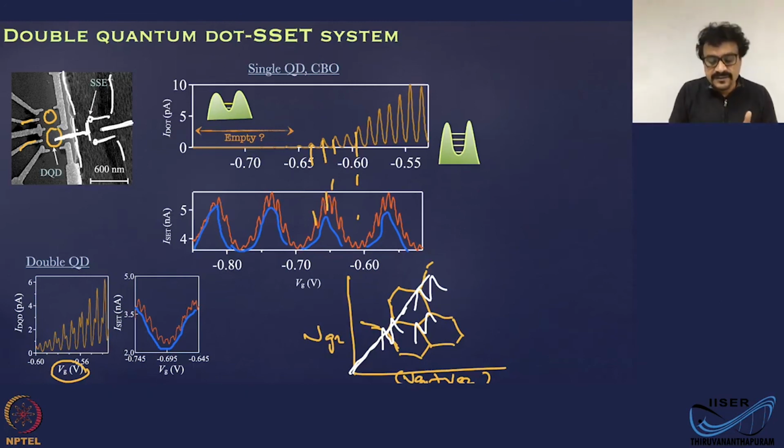The single electron transistor is sensitive only on the sides of the Coulomb blockade oscillation, which is a much narrower sensitive regime where the device is sensitive. Okay, that is one thing.